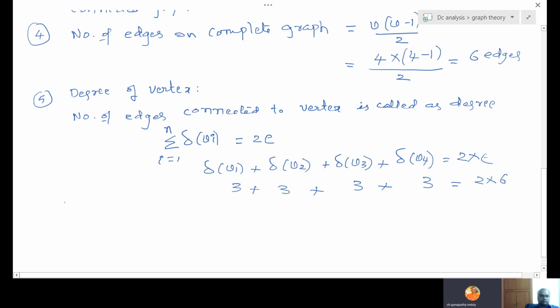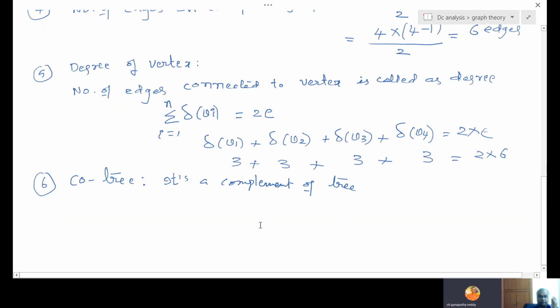Next, sixth one. Co-tree. It is a complement of tree. So how do you get complement of tree? For example, this is the tree.